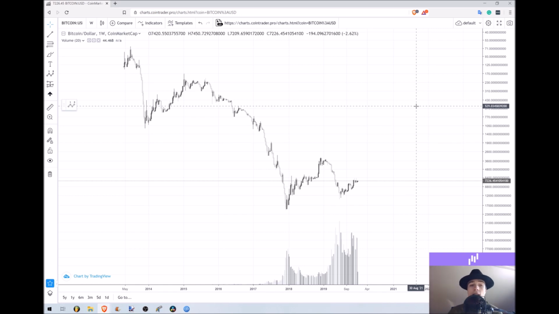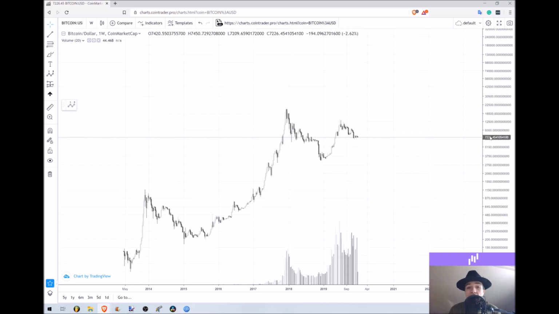Now, the reason that this is useful is if you've been looking at Bitcoin like this every single day for months on end, which I have, for a really long time, and I know a lot of other people have too, then you start to get very used to the imagery you're seeing.